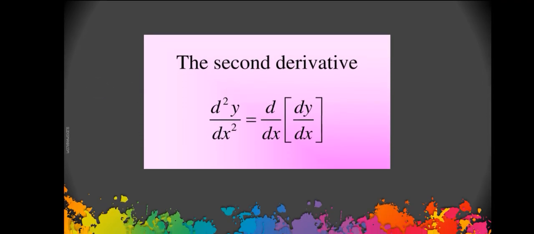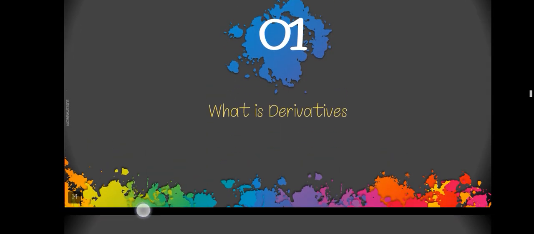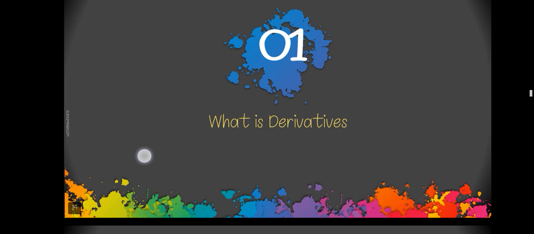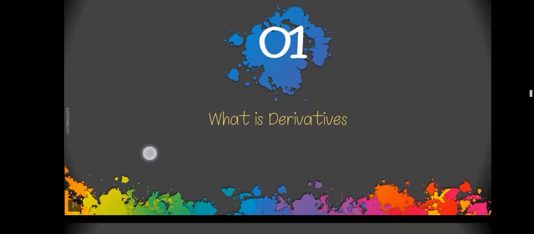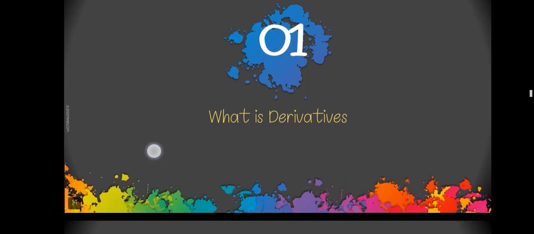And for the second derivative, d squared y over dx squared is equal to d over dx multiplied by dy over dx. So that will be all for the fun facts about derivatives for now.